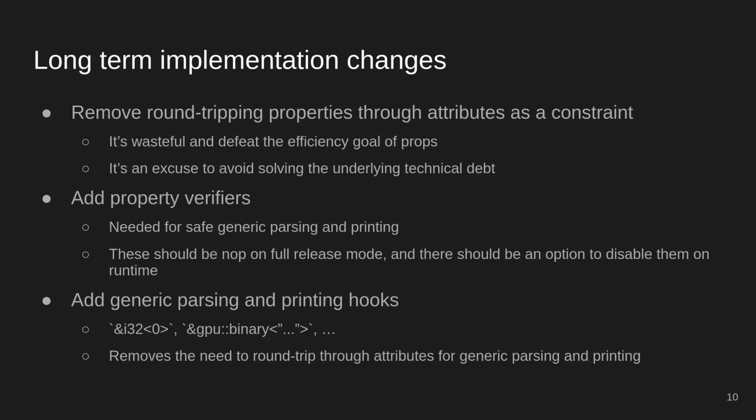One way to solve that, I'm not saying it's the only way, is to have the ability to generically parse and print properties. That would also solve the generic parsing and printing issue of operations, because we wouldn't need that anymore. And the idea of having verifiers is that one of the things attributes do is verify on construction, and just assert to avoid any issues on generic parsing and printing.